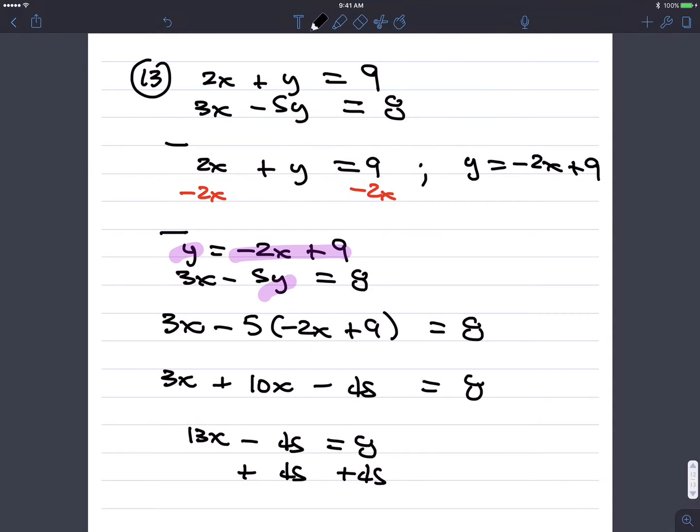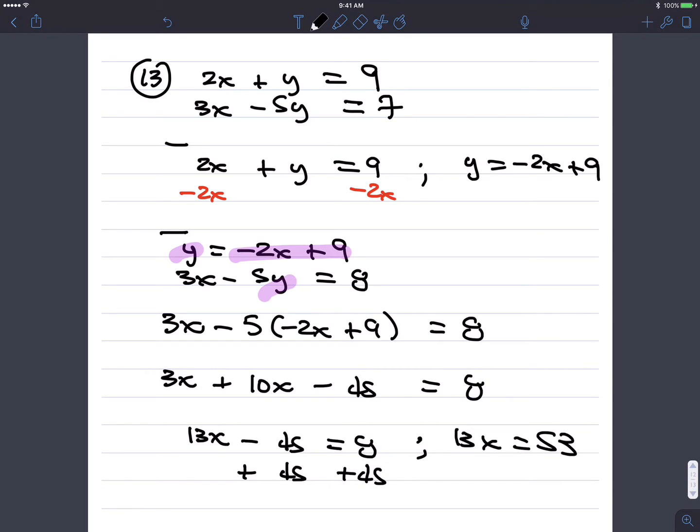Add 45 to both sides. 13x will be, is that 53? Let's double check we didn't make a mistake. Number 13, 2x plus y is 9. 3x minus 5y is actually 7, not 8.